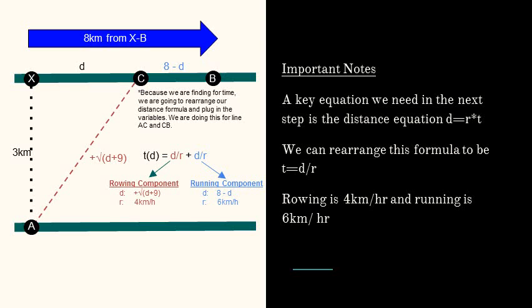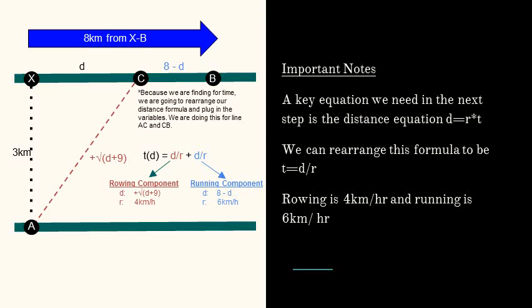For our rowing component, the distance is positive the square root of d squared plus 9, and the rate is 4 kilometers per hour. For our running component, the distance is 8 minus d, and the rate is 6 kilometers per hour.